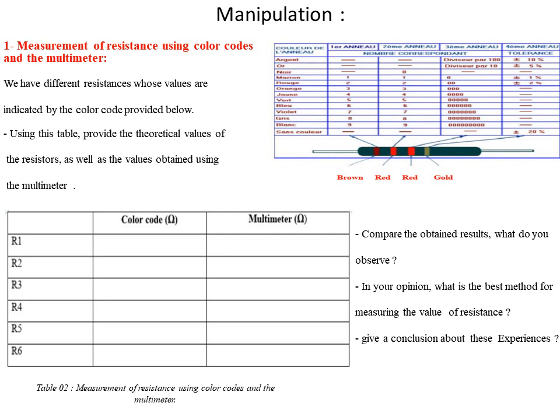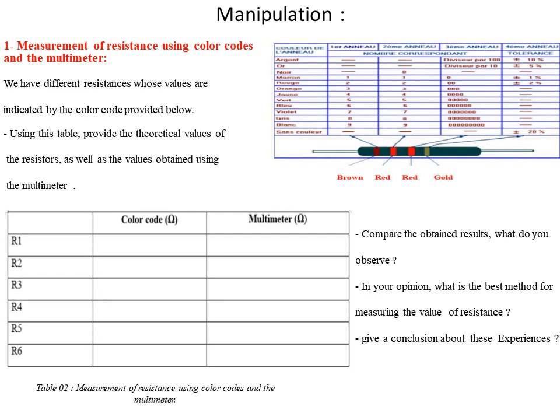In the manipulation, first we have measurement of resistance using the color code and the multimeter. We have different resistors whose values are indicated by the color code provided below. Using this table provides the theoretical value of the resistors, as well as the value obtained using the multimeter.